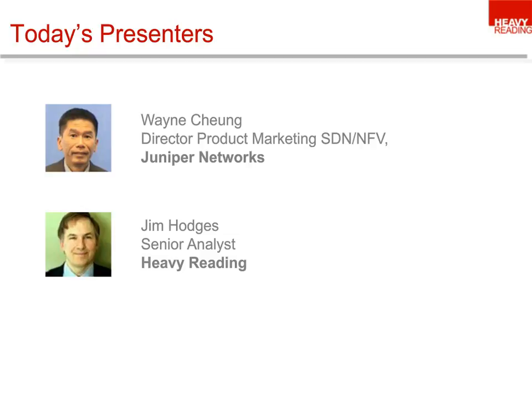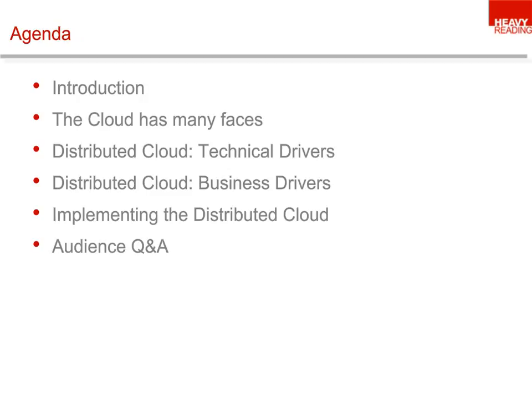Let me go through the agenda briefly. We've structured today's presentation to first address the various cloud configurations, including the distributed cloud, which is obviously the focus of today's event. We'll start by looking at both the technical and the business drivers for the distributed cloud. Then in the main section of today's presentation, Wayne will address how to best implement the distributed cloud.